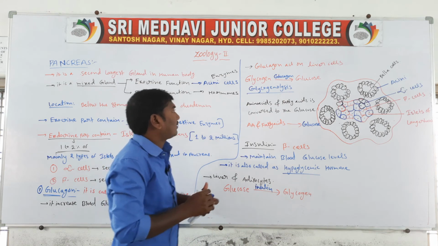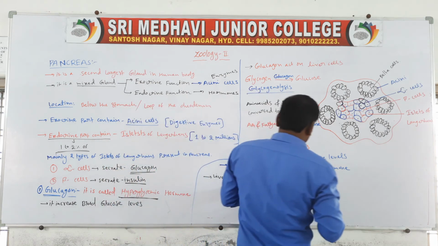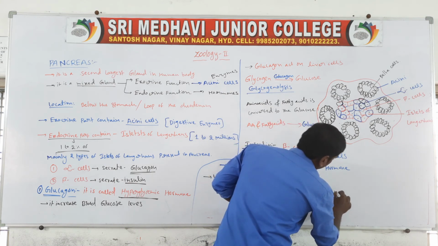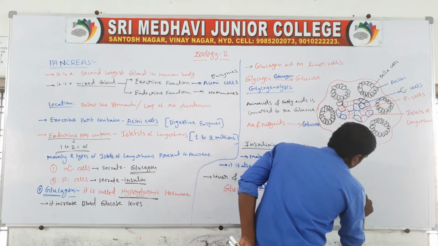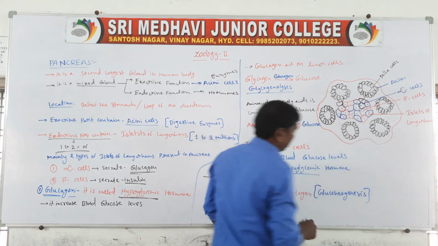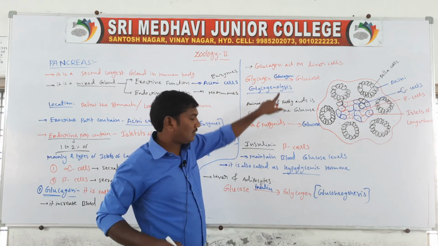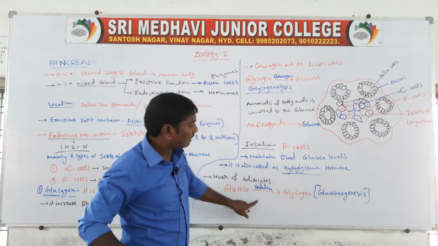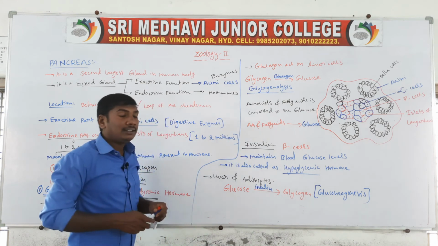This process is called glycogenesis, as opposed to glycogenolysis. Glycogenesis means glucose is converting to glycogen.